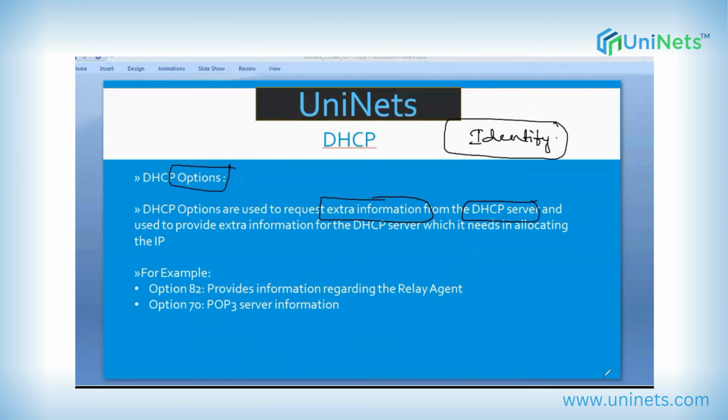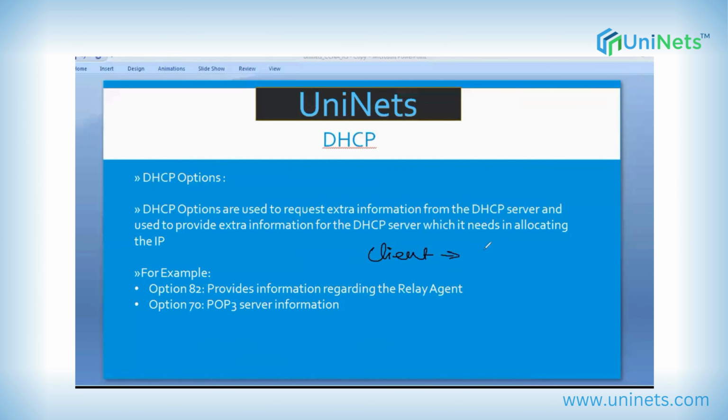right? And from the client's point of view, the client by default receives an IP, subnet mask, gateway, and a DNS server. But if he needs the IP address of a TFTP server, how can he request that?